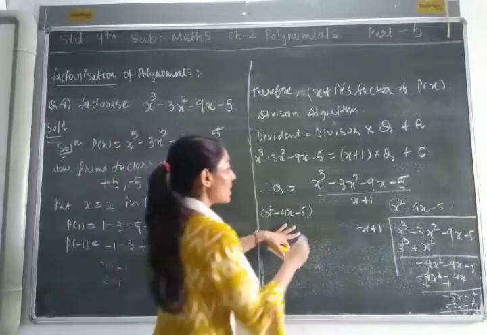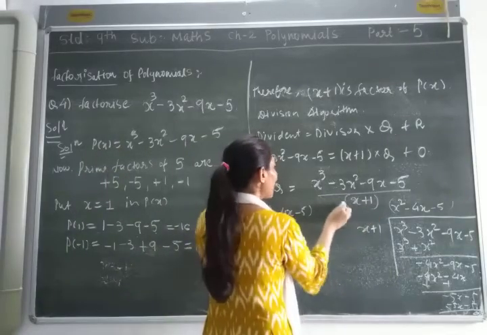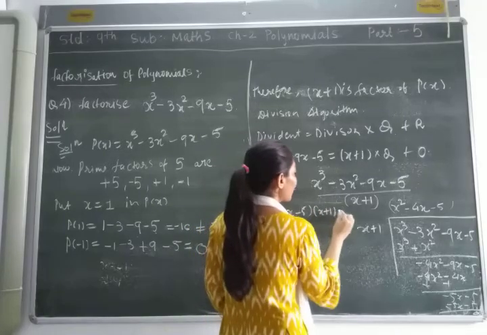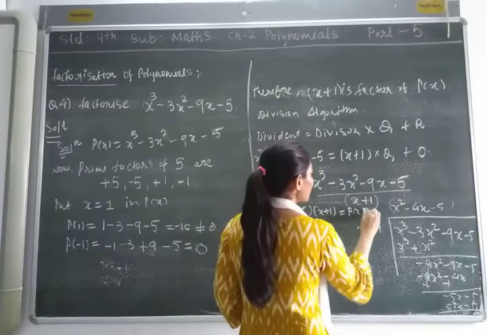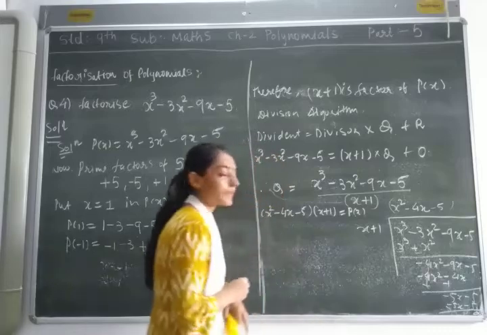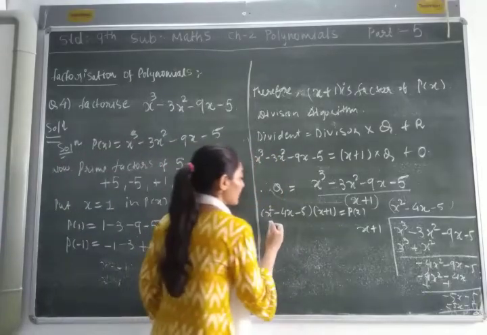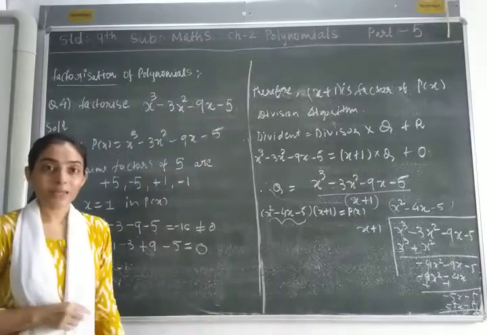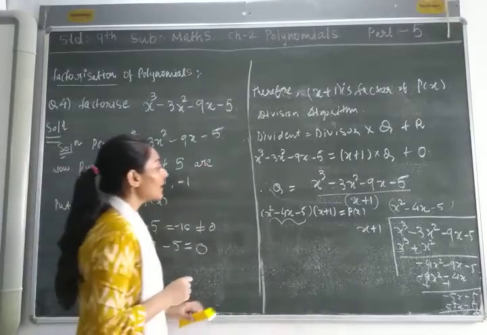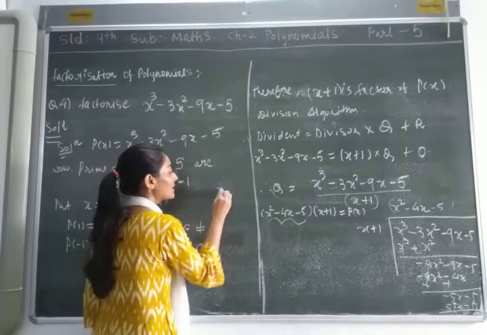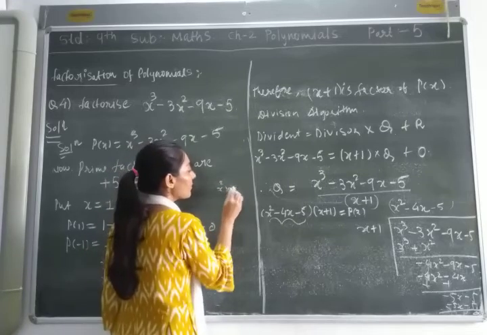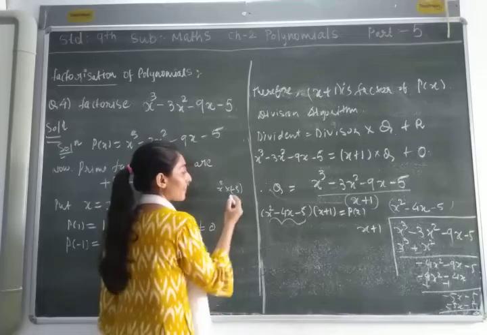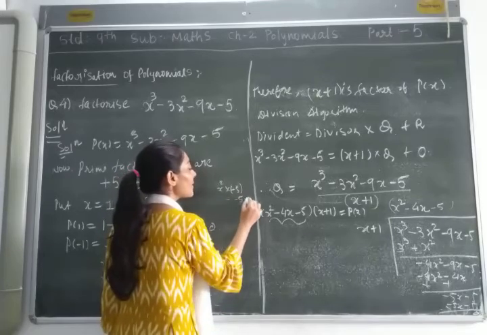This is my quotient. If I multiply it with x plus 1, I get p of x. Now we can do splitting the middle term. x square into minus 5 gives minus 5x square.